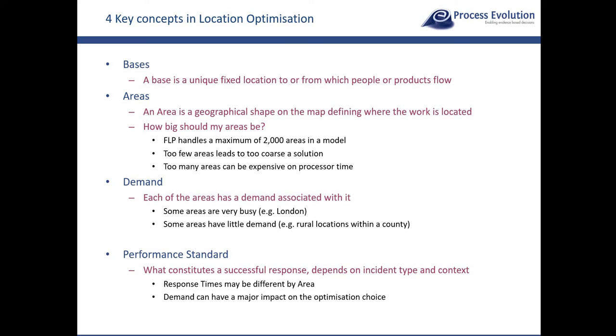So whether it's police custody, whether it's response, we might have a slightly different view on what the response standard should be. The expectation would be that response times may be different to different areas, but you might also have different expectations. So some fire services have a different target based on rural and urban locations. The model can deal with that.